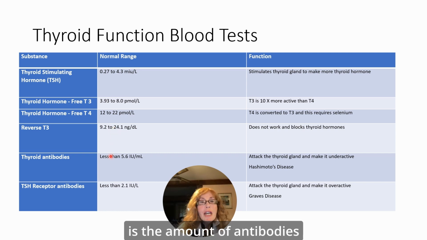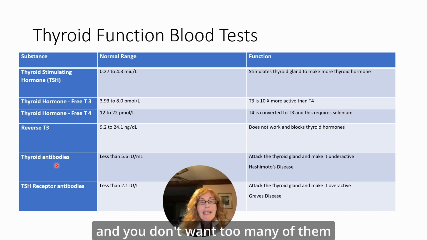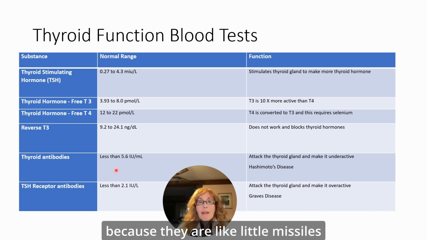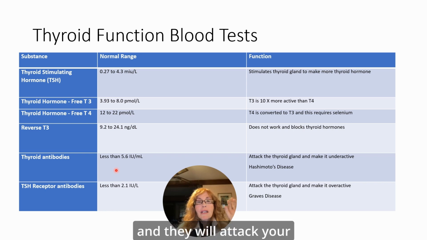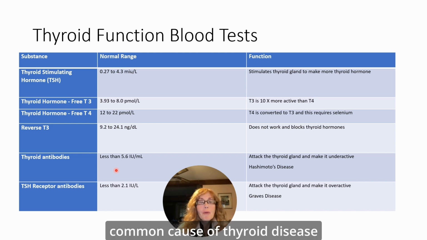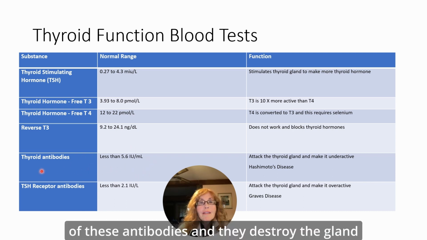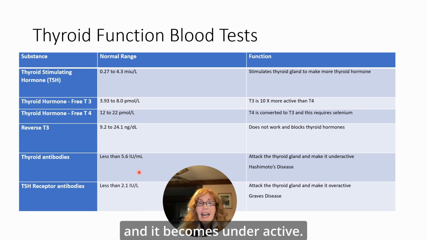The other thing we check is the amount of antibodies in your blood. So these are produced by your immune system, and you don't want too many of them because they are like little missiles and they will attack your thyroid gland and destroy it. And indeed, the most common cause of thyroid disease is an autoimmune disease where we have a lot of these antibodies and they destroy the gland and it becomes underactive.